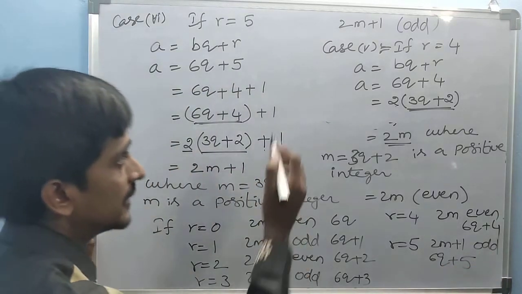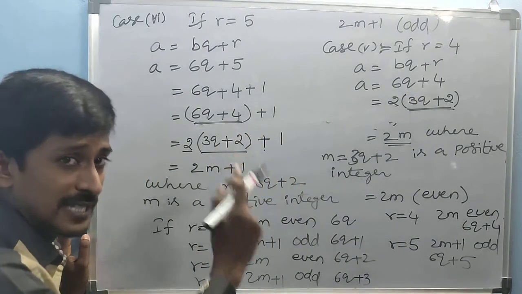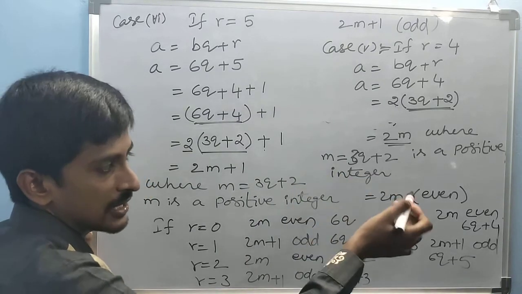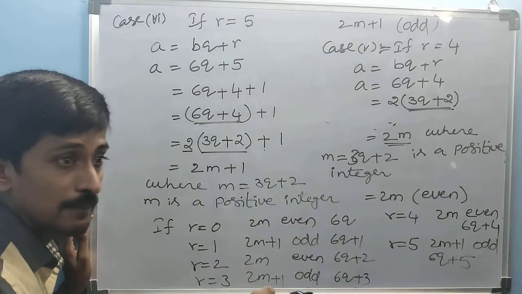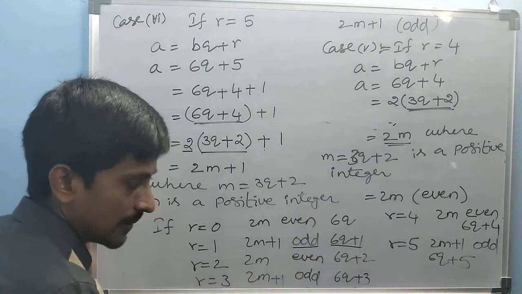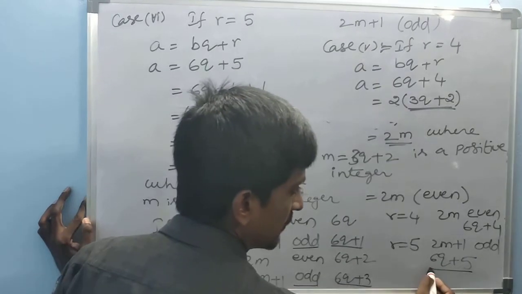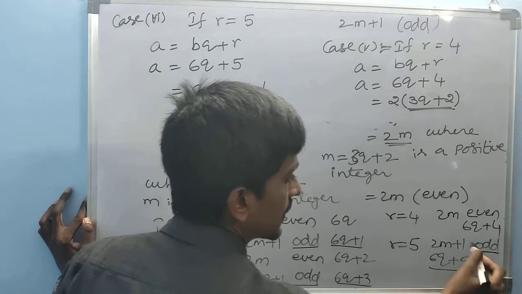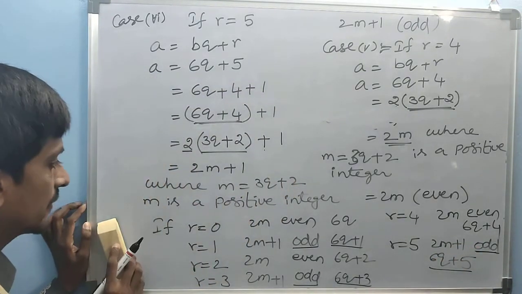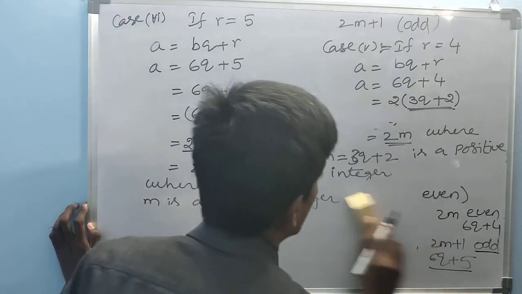So by Euclid's division lemma, 6q plus 1, 6q plus 3, 6q plus 5 are odd numbers. Once you check, 6q plus 1 is an odd number, 6q plus 3 is an odd number, 6q plus 5 is an odd number. This is the first sum using Euclid's division lemma.